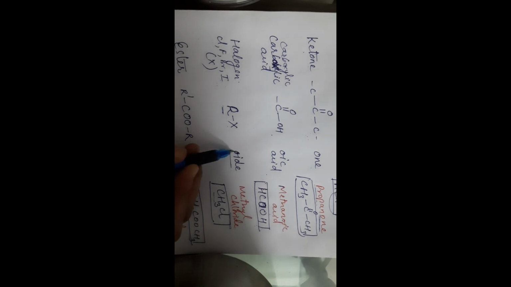Here we add IDE as a suffix. So if 1 carbon is there, as I told, we use methyl, and then I added chlorine, so it is methyl chloride. IDE is added.